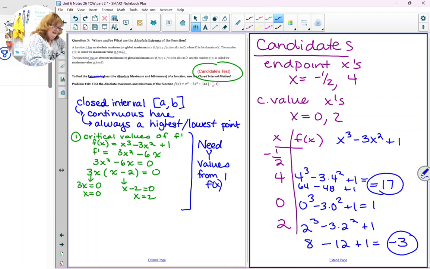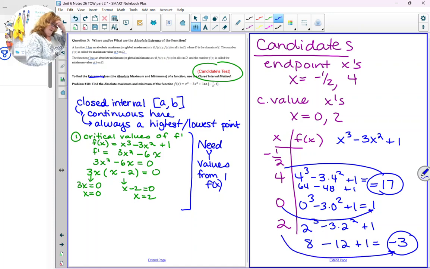So 17 is now winning for max. Negative 3 is winning for min.